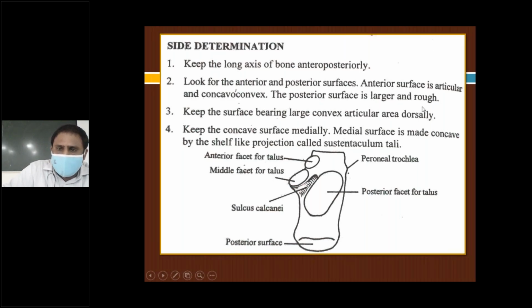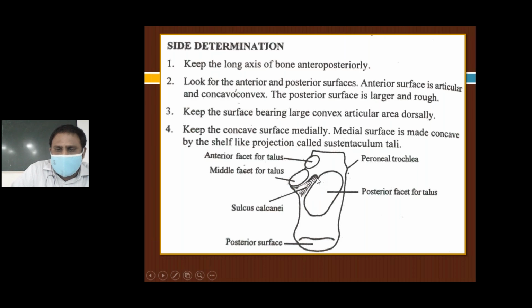Keep the large convex articular area dorsally, and keep the concave surface medially. The medial surface is made concave by a shelf-like projection called the sustentaculum tali. Anterior facet, middle facet, and posterior facet of the talus.